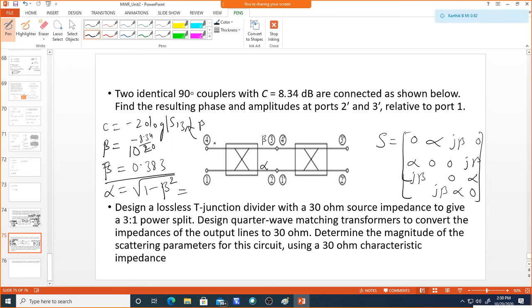Since this is the isolated port, there is no power there. The value given here is 0.92. Okay, so now we have the alpha and beta values. Now we need to apply these same alpha and beta values as input to this coupler and find the resultant values. So how do we find the resultant values?